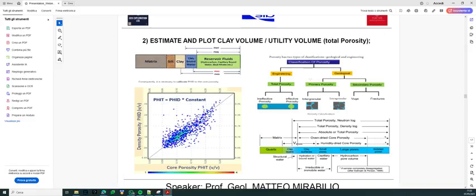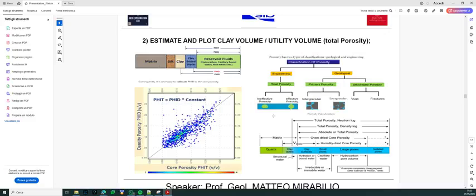As we just said, when talking about porosity, it means different kinds of concepts. In the geological concept, we have primary porosity and secondary porosity, as we just underlined, intergranular or vugs or fracture.